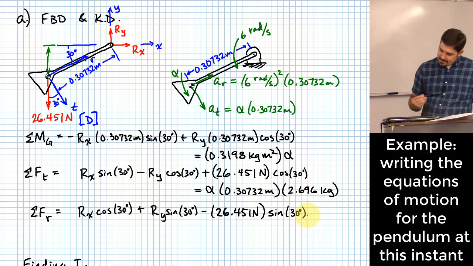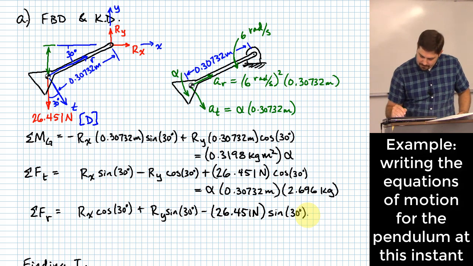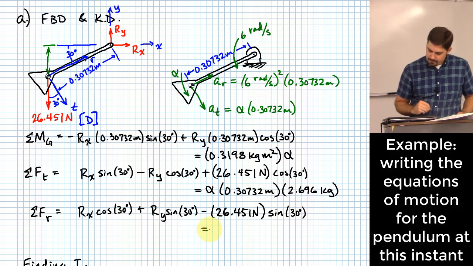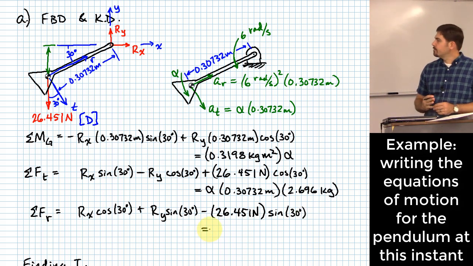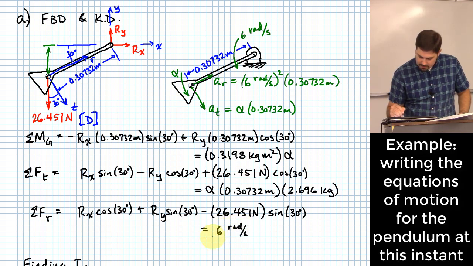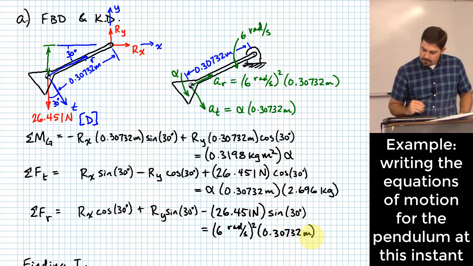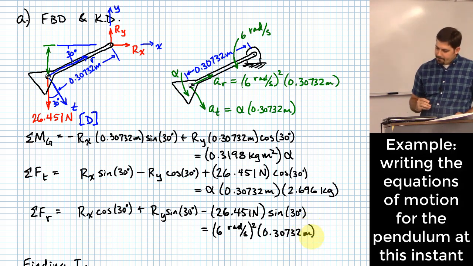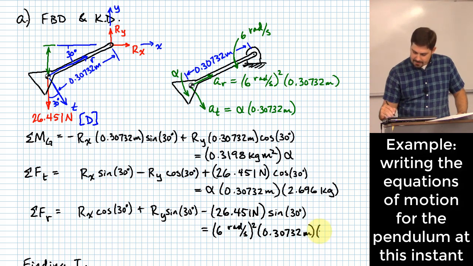Okay, and now what's this going to be equal to? Yep, that's centripetal acceleration, which is just going to be equal to 6 radians per second squared times r, which is 0.30732 meters, times what? Mass.